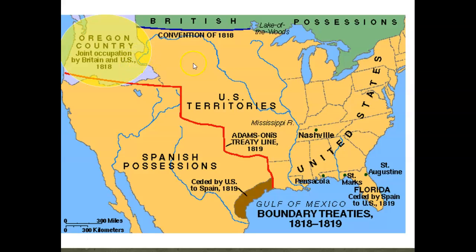Now the difference is Americans are already over to this area here, and it's a jumping off point that you will know as the Oregon Trail. The British don't have as much of a designed and laid out trail to get into that area. So over the next 20 to 30 years, you're going to have 10 to 20,000 Americans flow into Oregon country, and you're going to have less than 1,000 people of British Canadian descent into the same area.